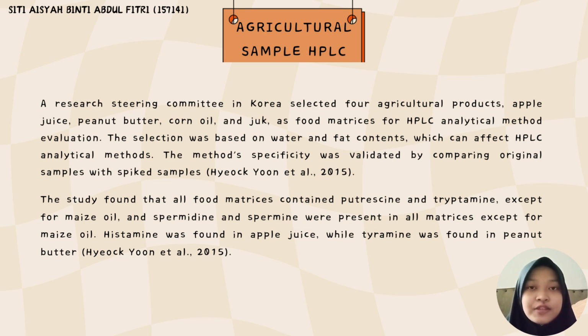The method specificity was validated by comparing original sample with spike sample. The study found that all food matrices contain putrescine and tryptamine except for corn oil, and spermidine and spermine were present in all matrices except for corn oil. Histamine was found in apple juice while thymine was found in peanut butter.